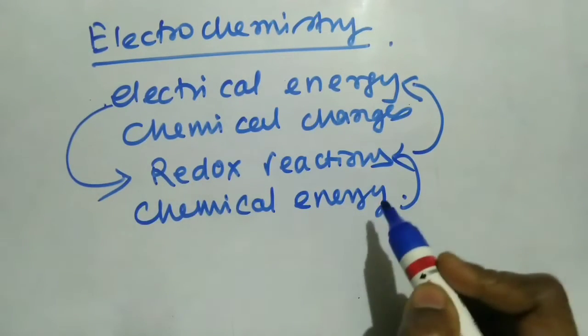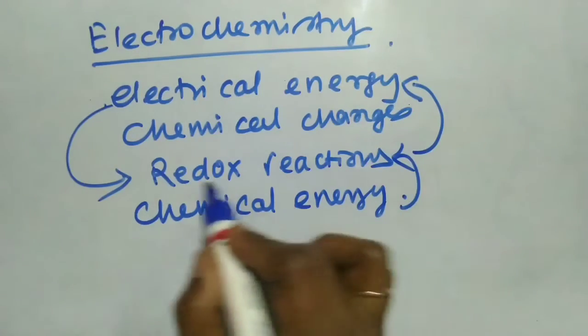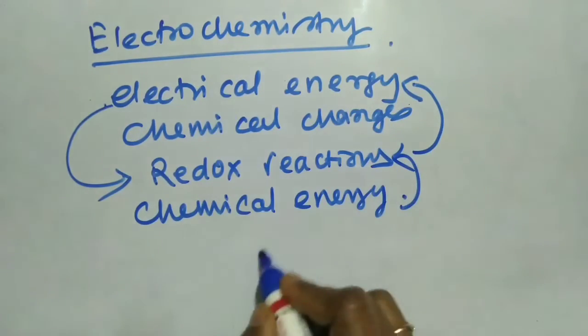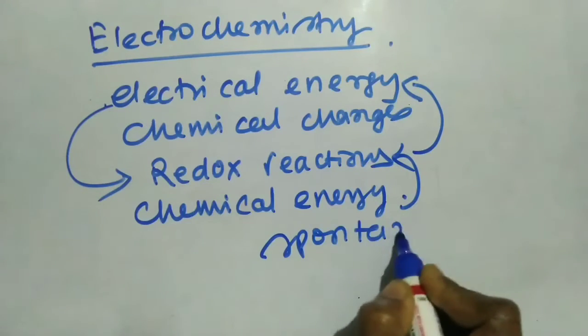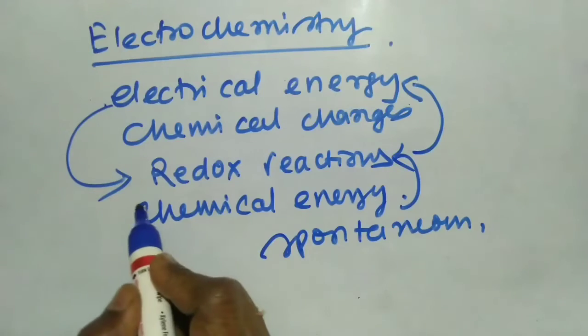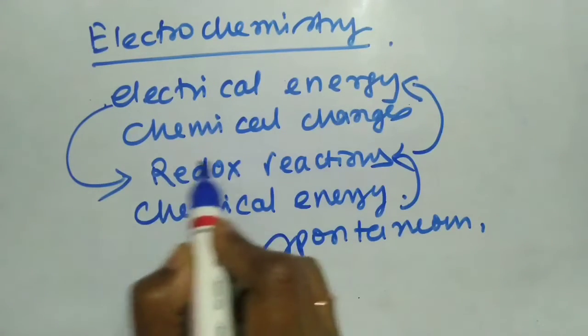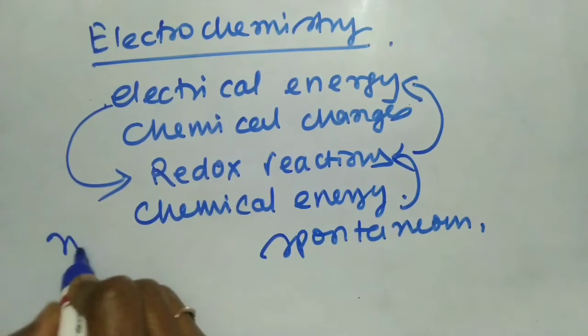When chemical energy changes to electrical energy, the redox reactions are spontaneous, whereas when electrical energy is converted into chemical energy, the redox reaction involved is non-spontaneous.